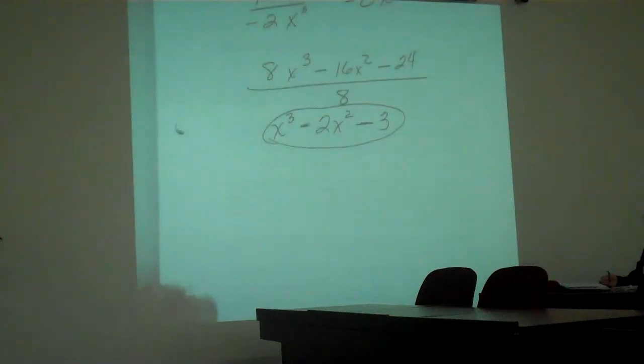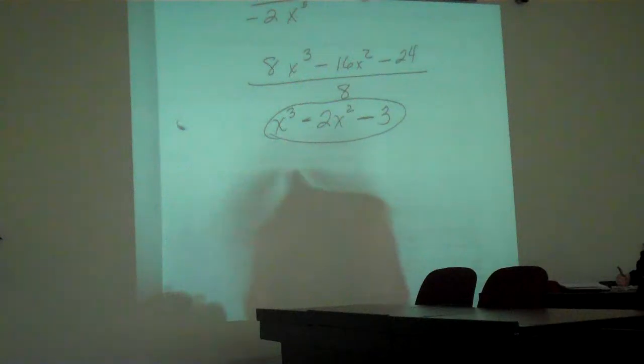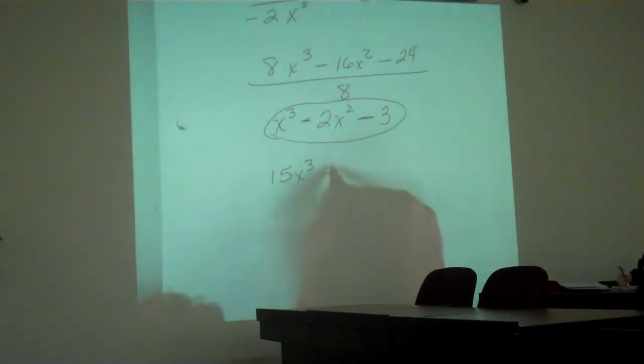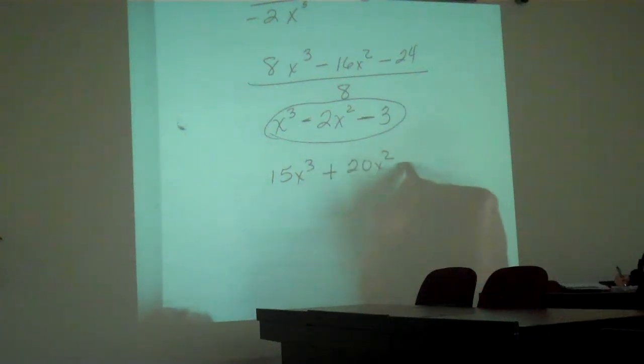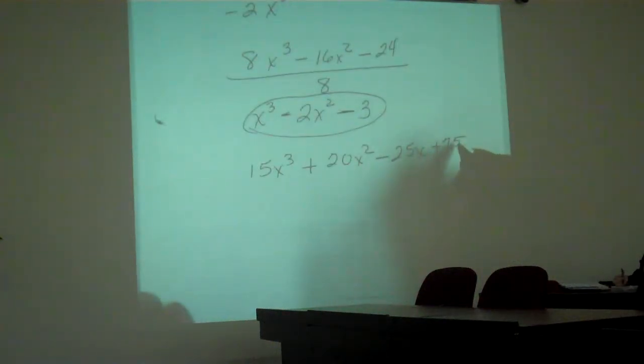Okay, let's do it with an x on the bottom. Let's do 15x cubed plus 20x squared minus 25x plus 75. Oh, wait a minute. I was going to divide by an x.